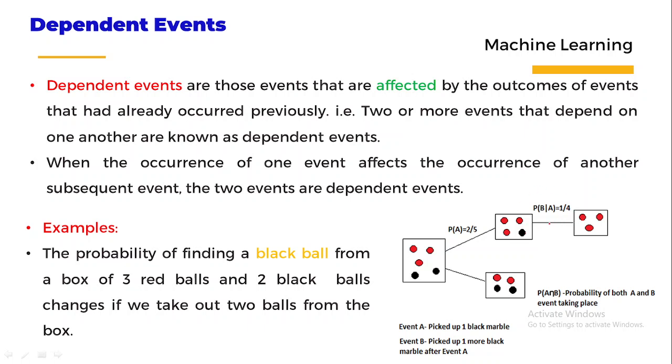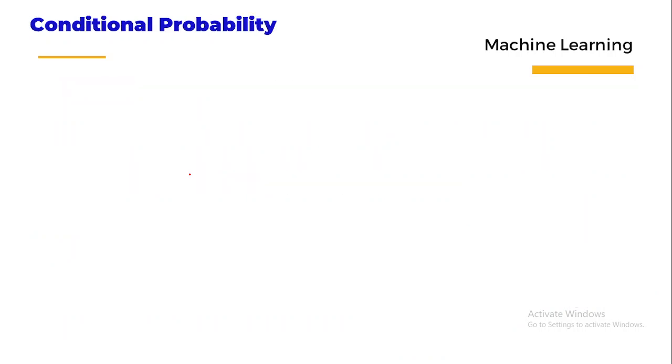So 1 by 4. This is how one event is dependent on another event, and the occurrence of this event is affected by the occurrence of the previous or earlier event. So this is called a dependent event.